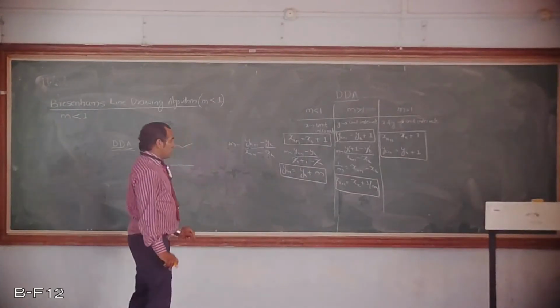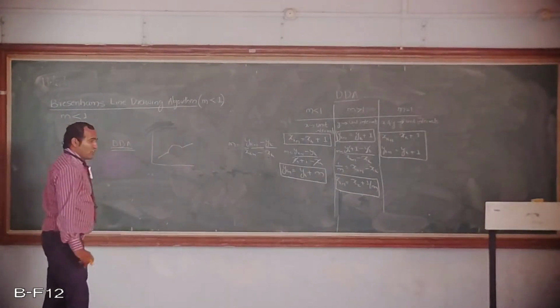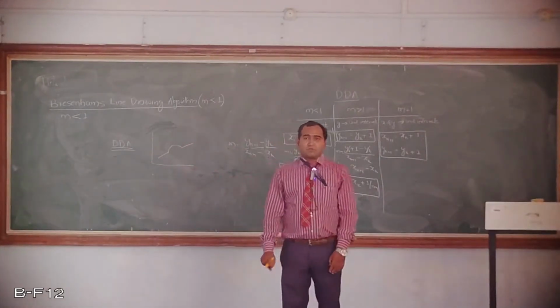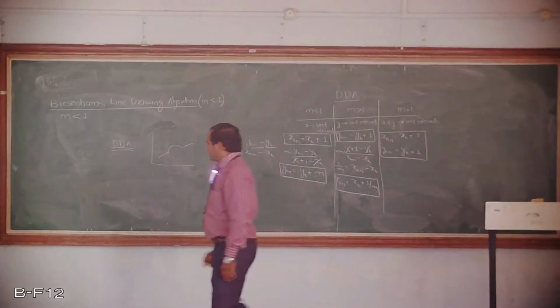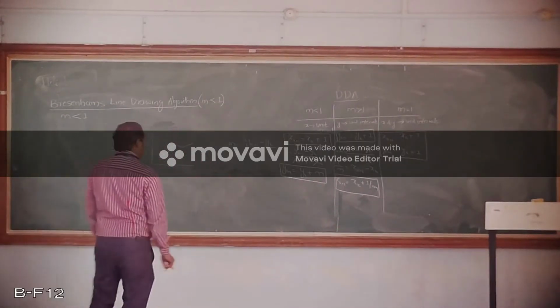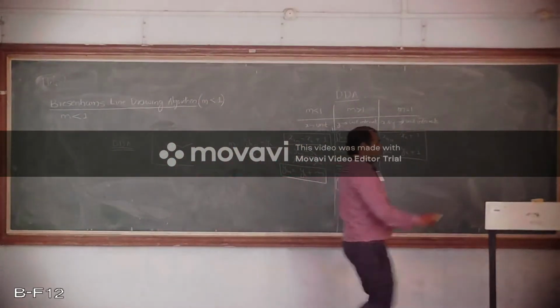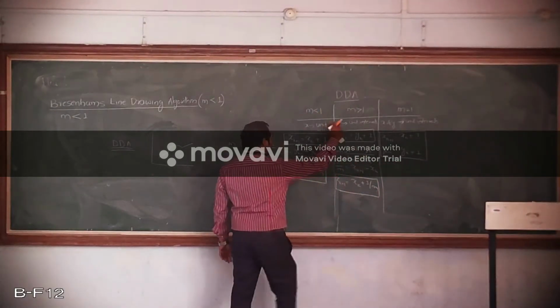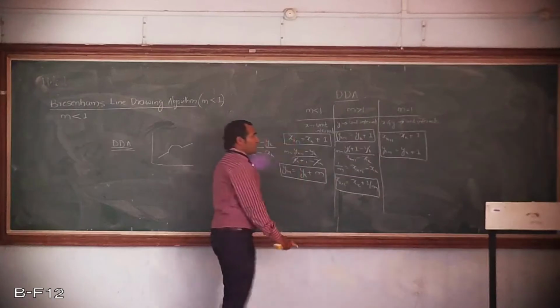In Bresenham's line drawing algorithm, we are not making use of rounding functions, but we are making use of whole numbers. As I discussed, slope m is less than 1, slope m is greater than 1, and slope is equal to 1.